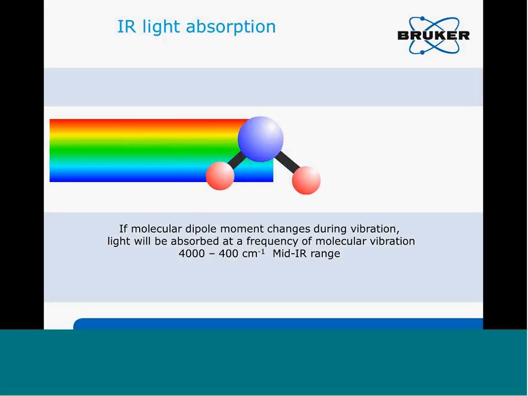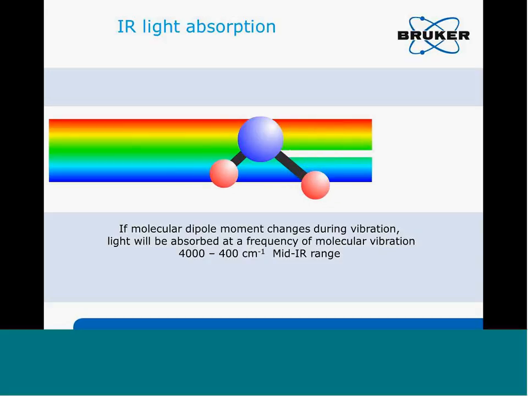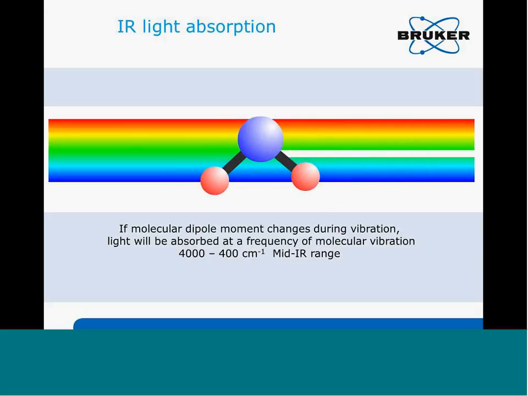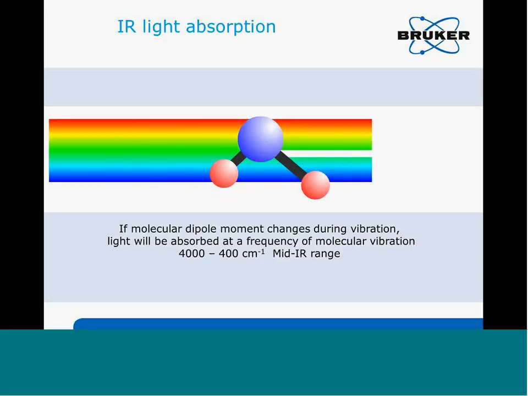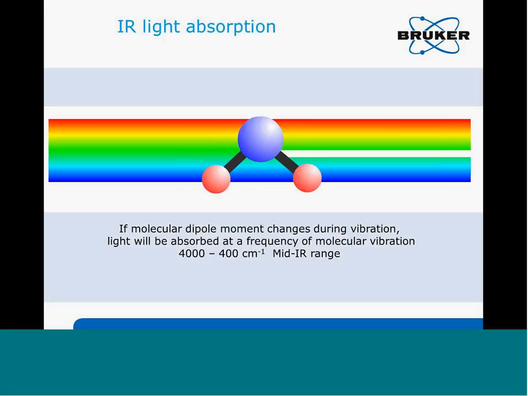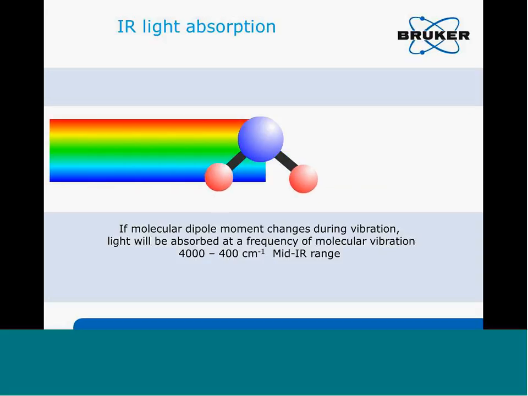So 4,000 to 400 wave numbers is infrared light, that invisible infrared light. We can measure how much the molecule absorbs, and so get information about molecule vibration.